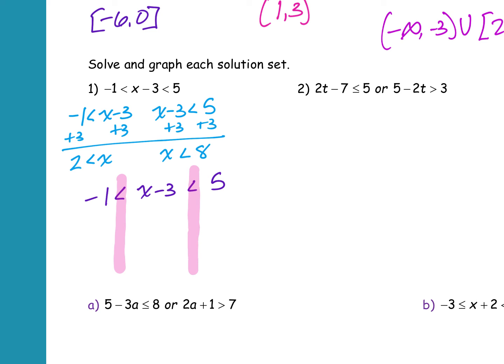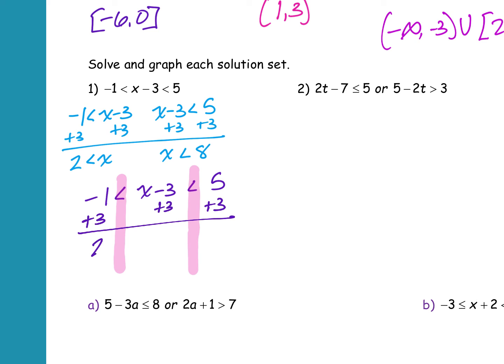I know I saw some people draw those on your paper when you're solving. I have 3 different areas. So if I want to get the x by itself, I'm going to add 3 again, but then I have to add it to all of the areas. So that means I would have to add it to this side and this side. So I just do it 3 places instead of 2 places.